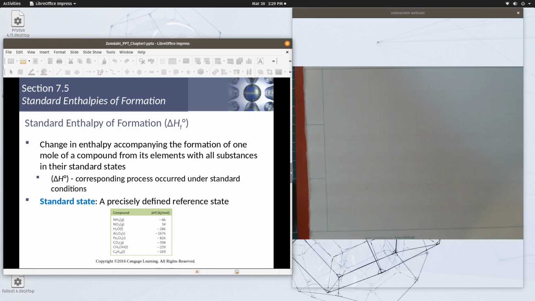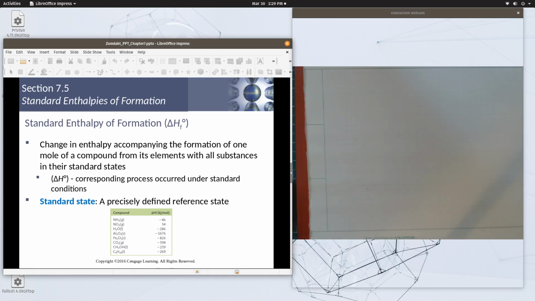What that standard state means is the change in enthalpy required to create 1 mole of substance and push the environment out of the way as well.